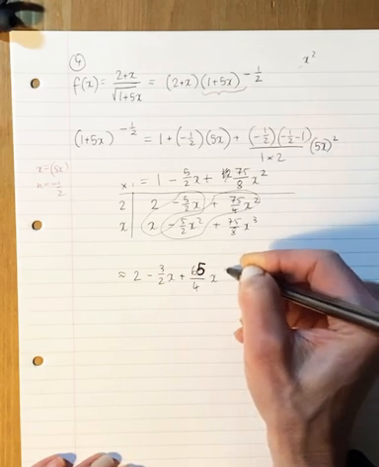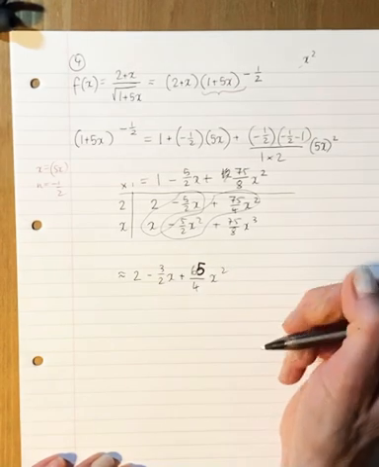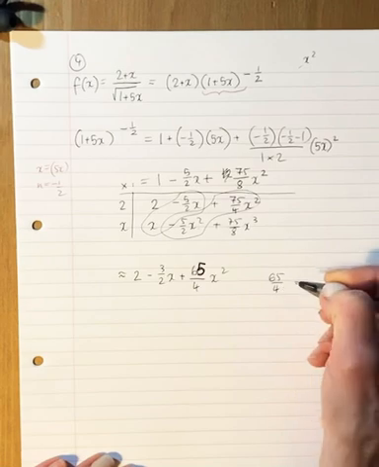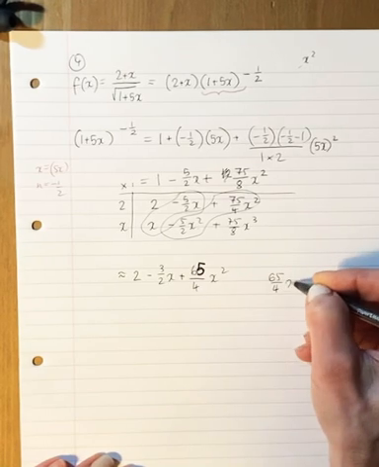That's the coefficient we want, so 65 over 4 is the coefficient. We were asked to find the term though, so this is the term.